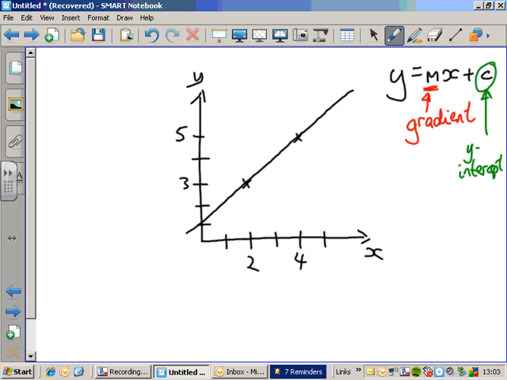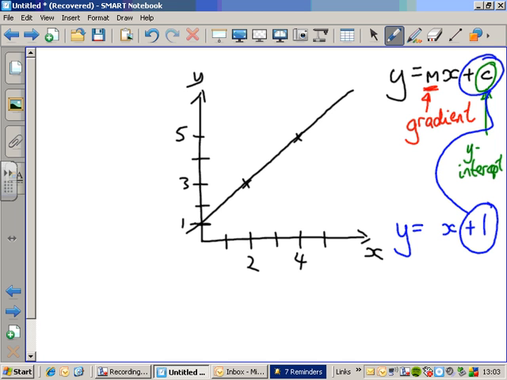So we can look at our line here, and we can see that the straight line intersects the y-axis here at 1. So our equation, and I'll start drawing it down here in blue for emphasis, is going to be y equals something x plus 1. This bit here is the y-intercept, so it's plus 1, okay? So we've got that part already.